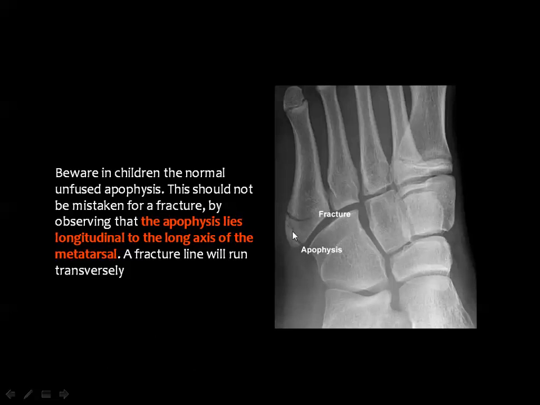The apophysis, before being united to the shaft, the line separating will be more vertical or oblique, but the fracture line will pass horizontal like this one.